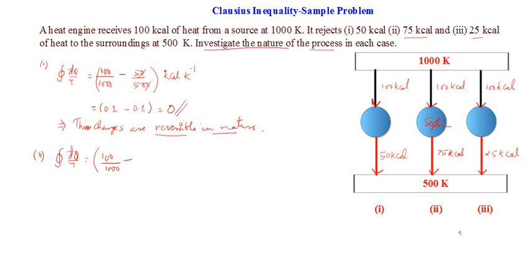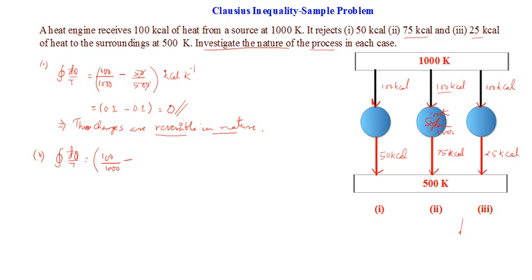But in this particular example, it is given as 500 Kelvin. Let's accept it. So this is the system. We always talk about the heat entering the system, which is 100 kilocalorie, at 1000 Kelvin, and the heat leaves the system at 500 Kelvin. That's what we usually imagine.